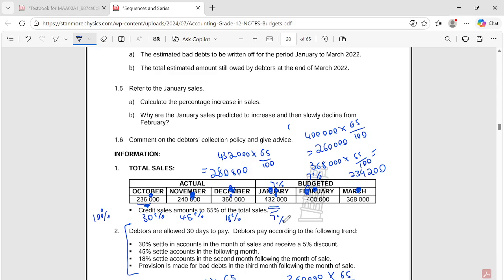Meaning the month following the month of sales. And then we must charge them interest on overdue accounts, or we can also send a statement before the end of the month. So although most of our debtors are settling their accounts in 30 days, more can be done with the 18% and also the 7%, right guys?